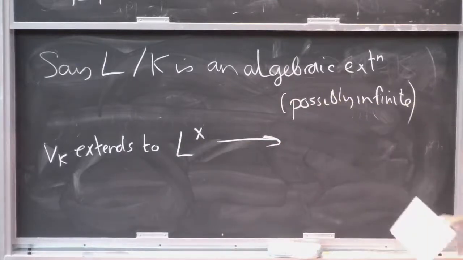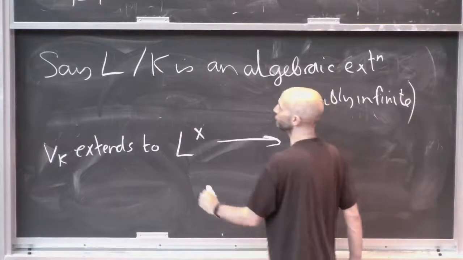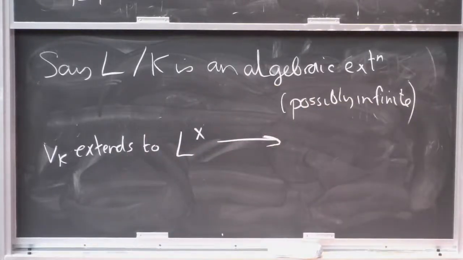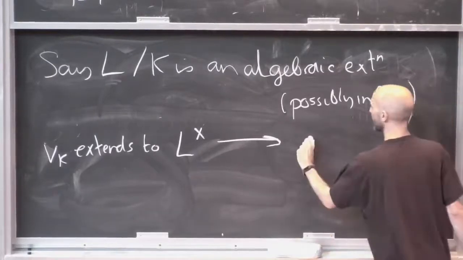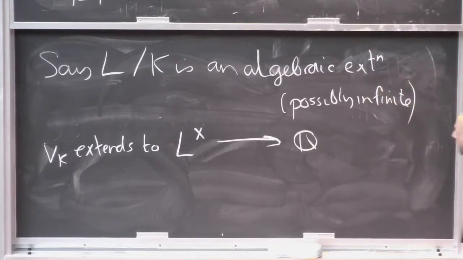The map Vk was a map from k star to Z, but now I can't put Z here, right? Because, for example, if k was Qp, then the valuation of p would be 1. But if L contained the square root of p, then the valuation of the square root of p is going to have to be a half, because I want the valuation of p to be 1, and I want these things to be group homomorphisms.